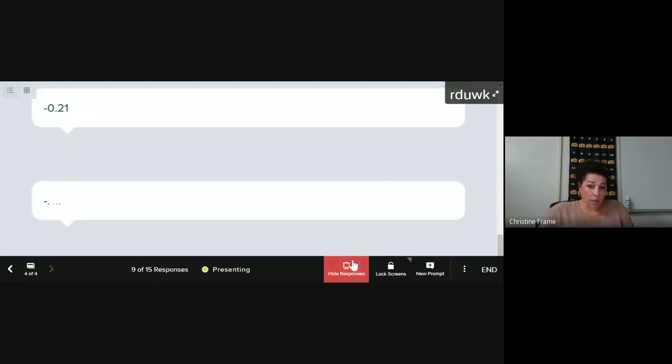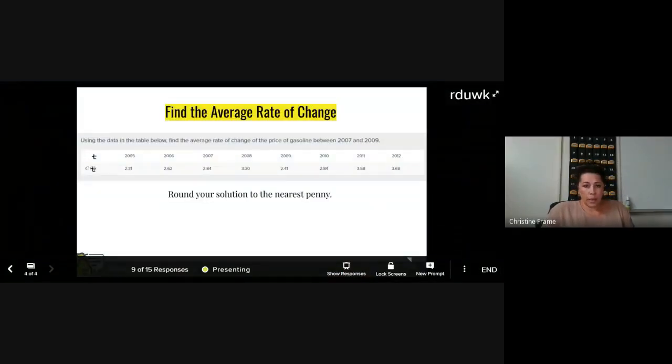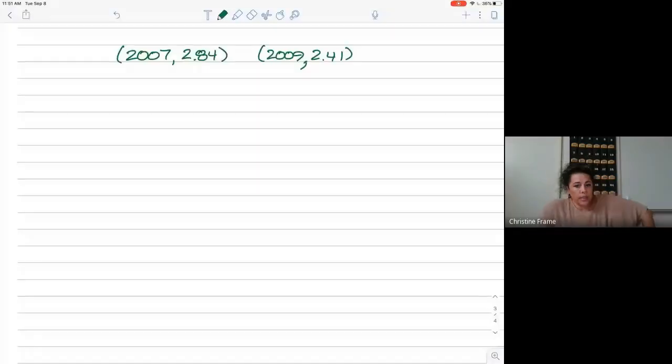Okay, so let's talk about that because we weren't as successful with that as we have been on the last problem. So I'm going to go back to our Google Meet here and present. And let's see here. So here's the data that you were provided. In 2007, gas cost $2.84. And in 2009, it was $2.41.